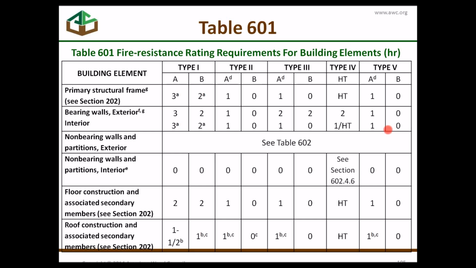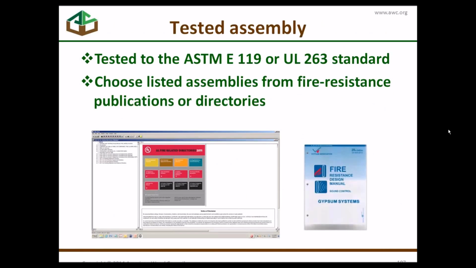As we talk about fire resistance, I want to point out that these are the ratings you see in this table for ratings due to construction type. You have the building elements over here, types of construction across the top, and the ratings required in the individual box. However, you should be conscious that you could have many elements required to be rated in any building, even if this says 0 in this box for construction type.